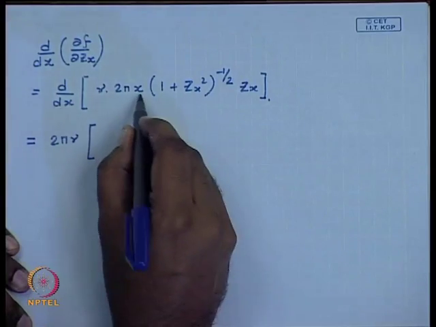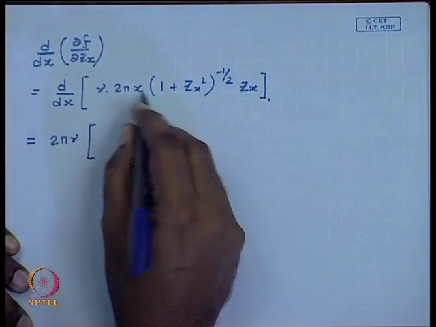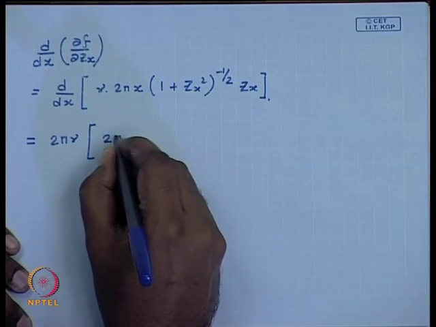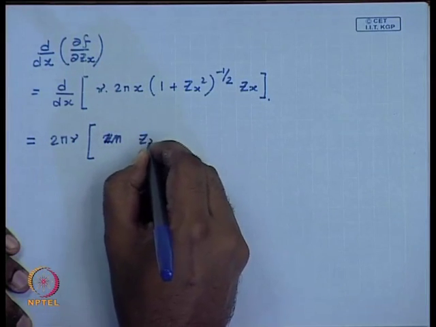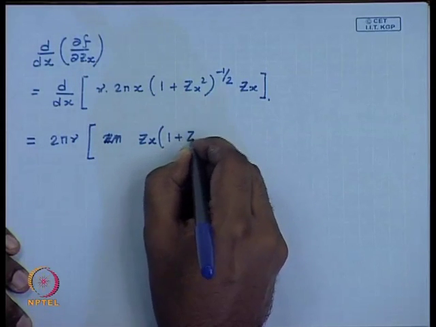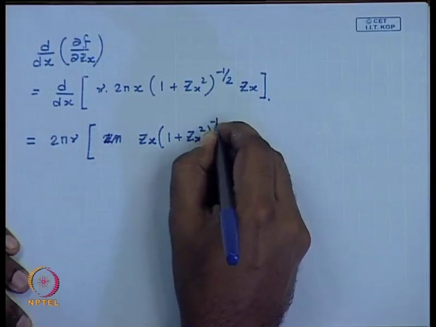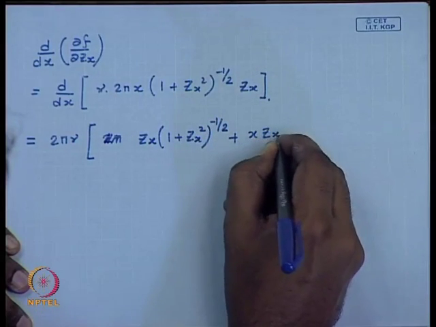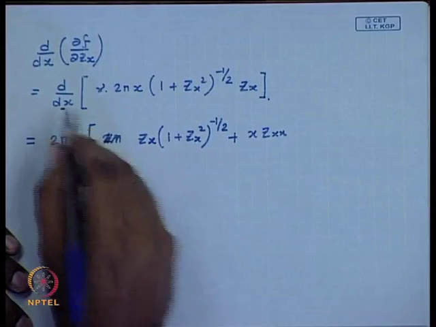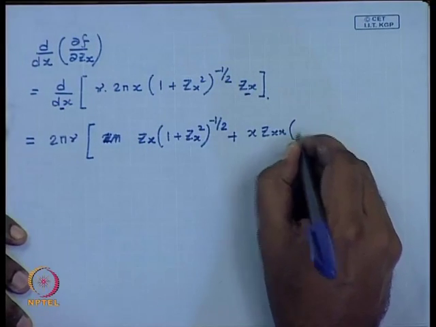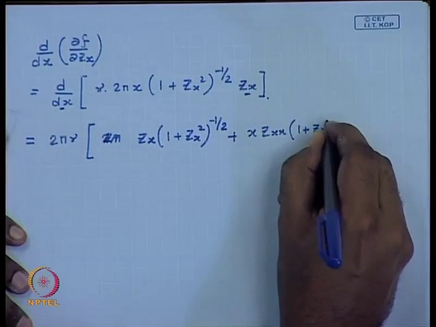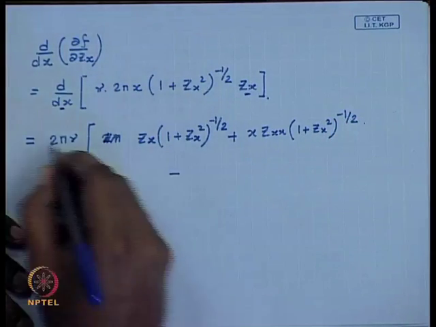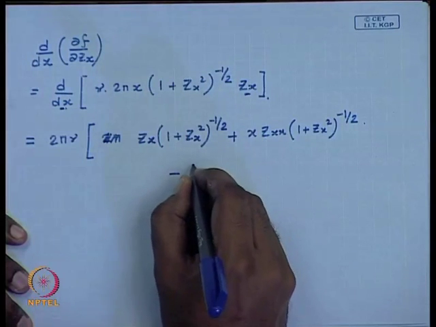So, if you just look at del x of this x, you get, sorry, this is when this thing is operating only on this one, and when it is operating on this particular term, what you get.